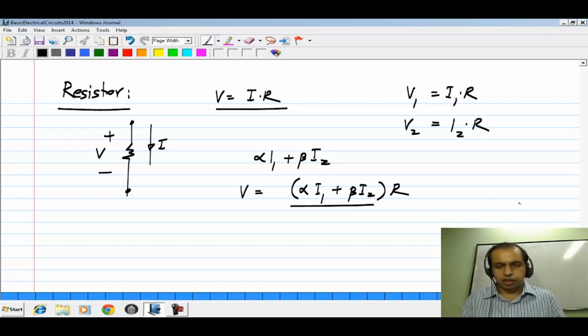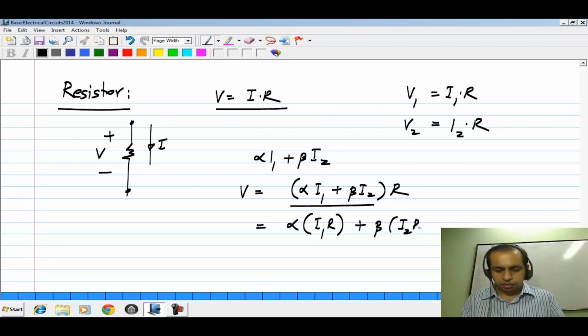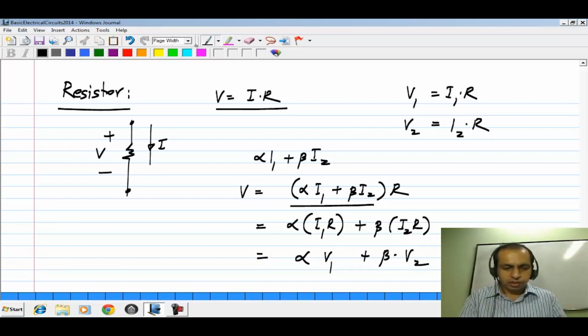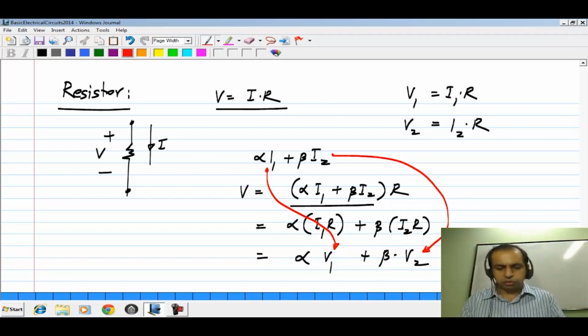Basically it is the current times the resistance, which of course can be written as alpha times I1R plus beta times I2R, which of course is alpha times V1 plus beta times V2. That is, if we applied a current I1, we would have got a voltage V1. If we applied I2, we would have got V2.